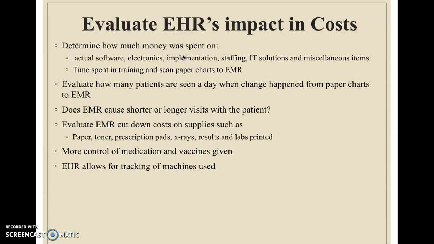Electronic health records also track what products are in the organization, how much of them is being ordered, and if more or less needs to be ordered. They also allow for the tracking of how many procedures were done with various machines, which in turn can let management know if they need more machines, such as MRI machines, or fewer machines in a specific department.